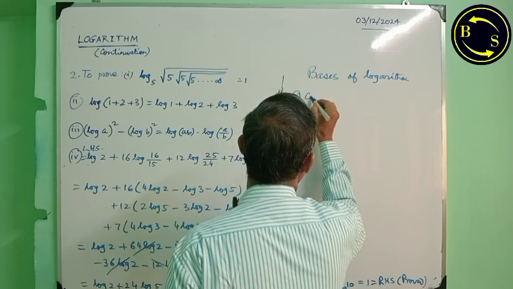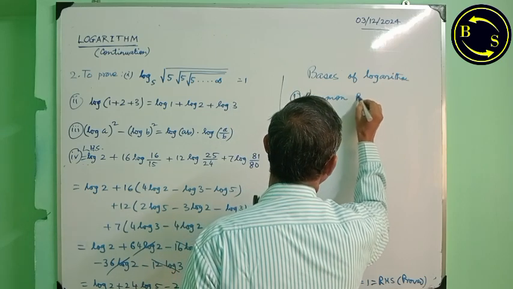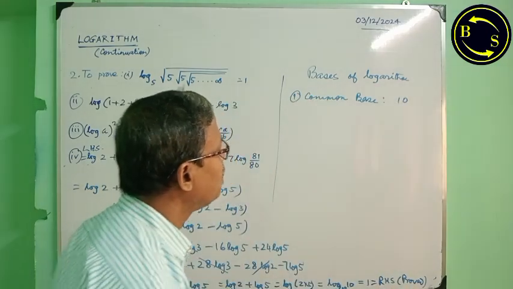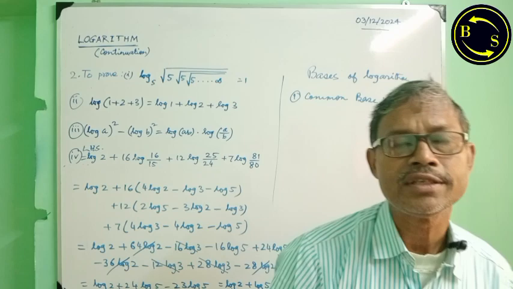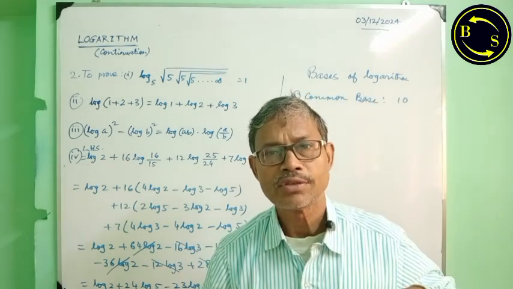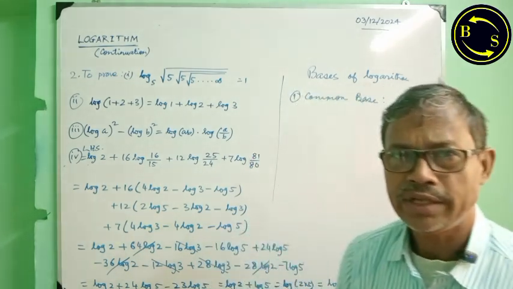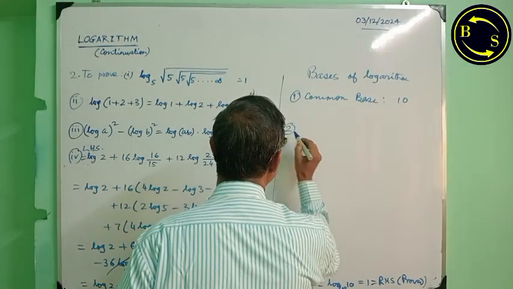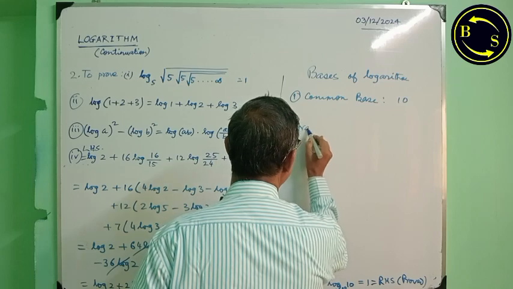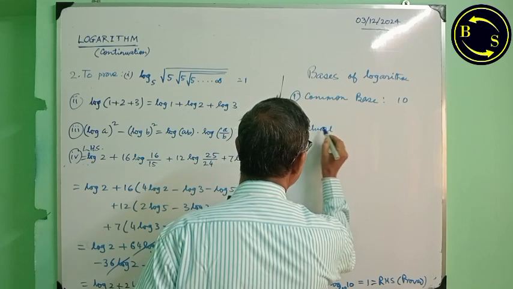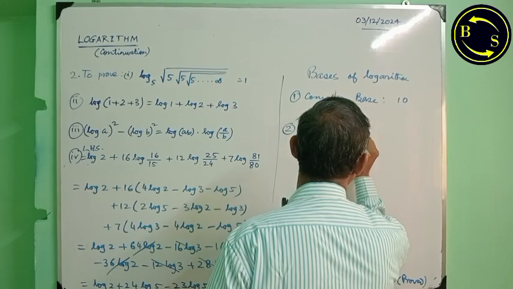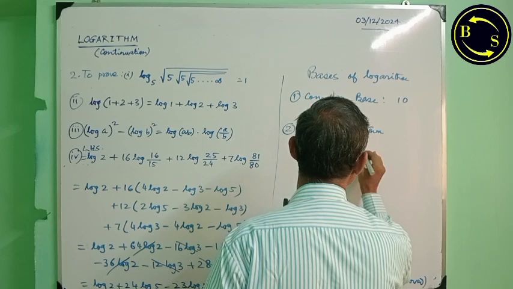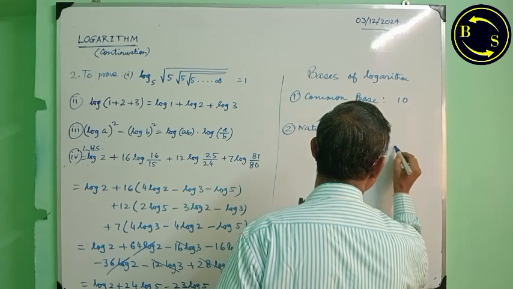First of all, common base, which is 10. Generally, in case of algebra, if base is not mentioned, the base of the concerned logarithm will be 10. Then there we have natural logarithm. In that case, base is e.